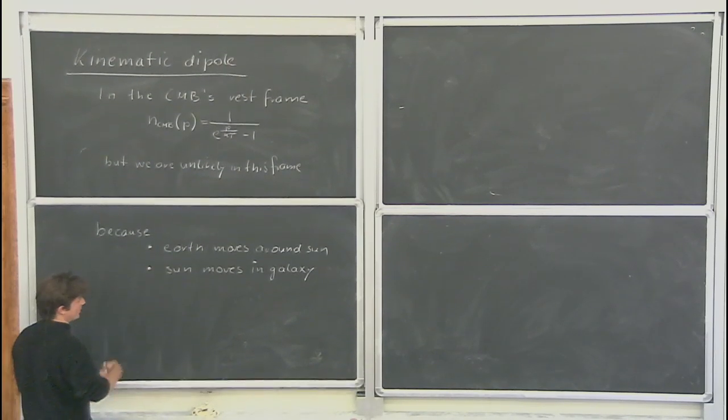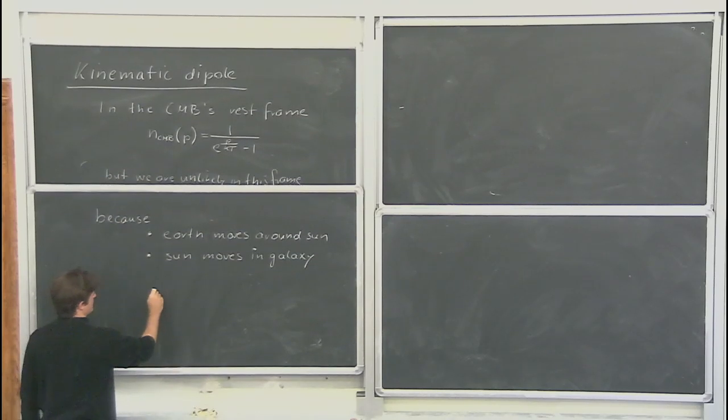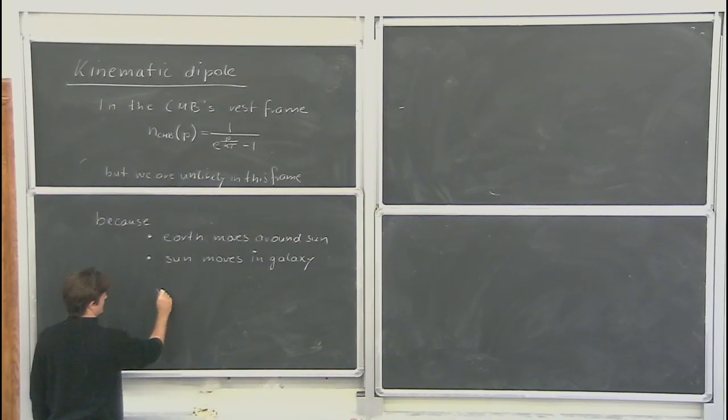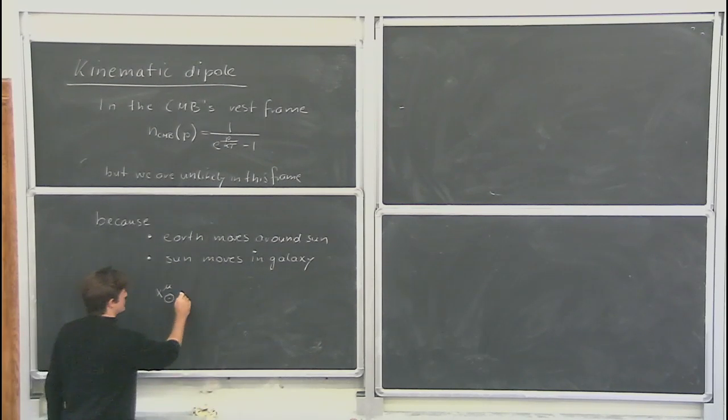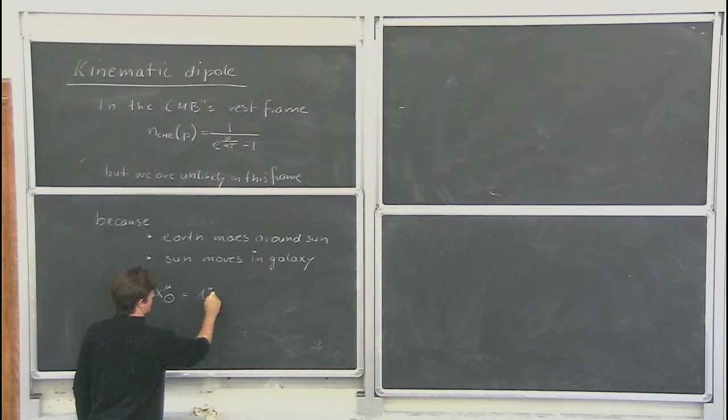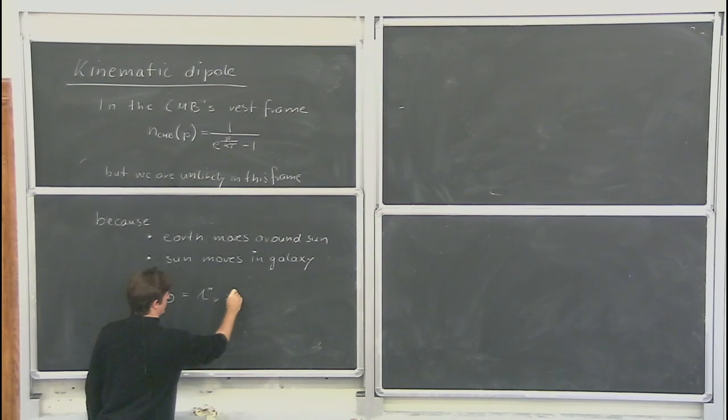So instead, the coordinates we usually set up should be related to the coordinates in the CMB rest frame by some Lorentz transformation. Let me call the coordinates that we make the measurement from, the solar system, x^μ. These should be Λ^μ_ν x^ν for the CMB frame.